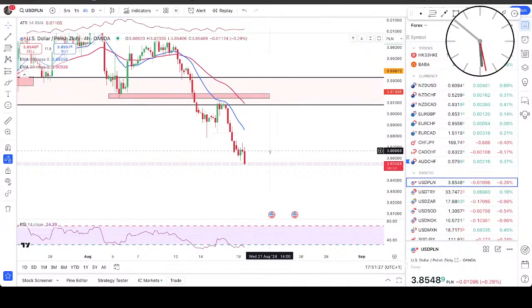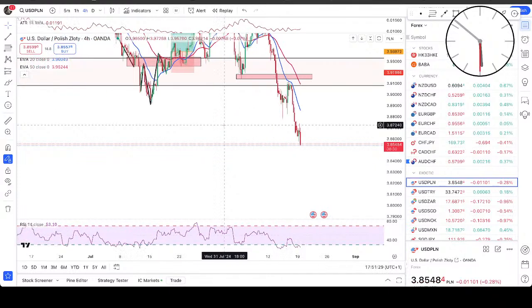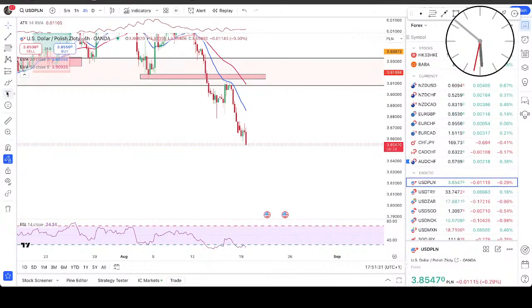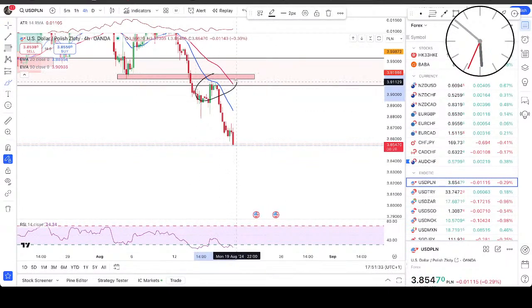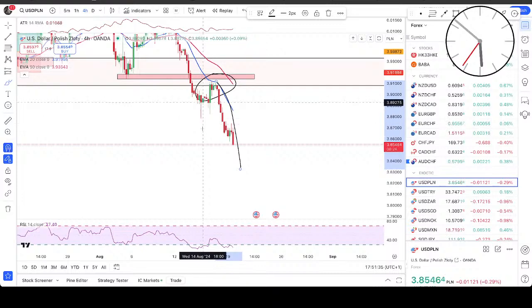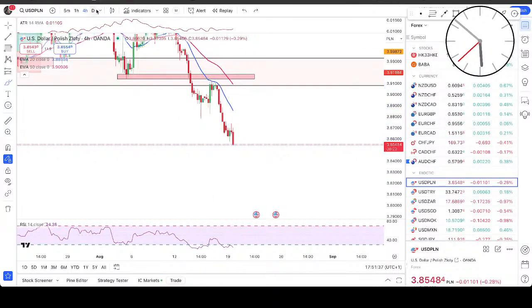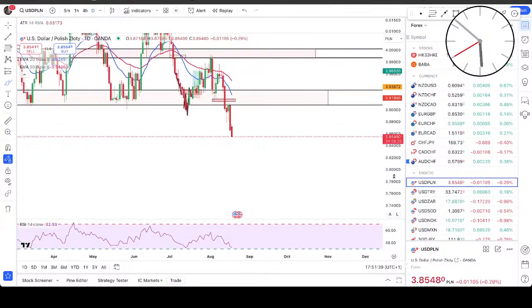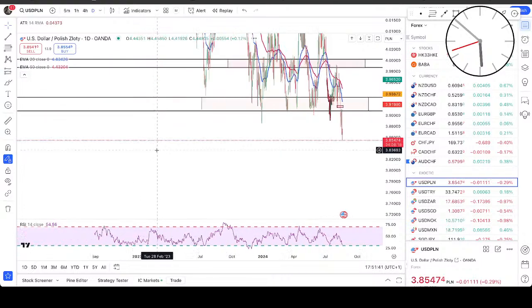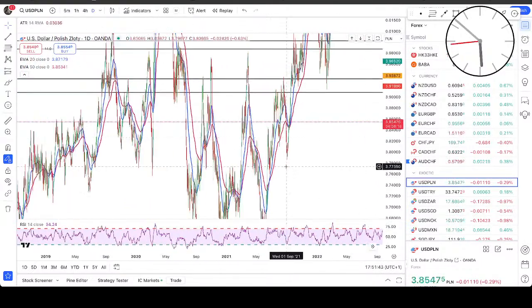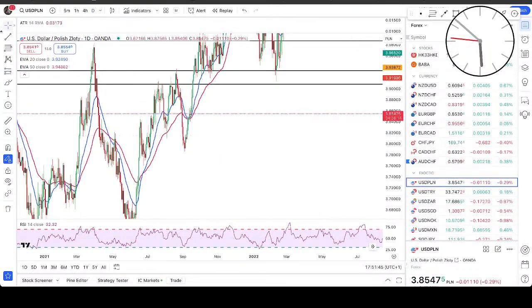So this one for Thomas, if you are looking at the recorded session. If you remember in my last video, I said that we're going to push down, possible retest of the zone, and nicely pushing lower. Next support for this one is right here.